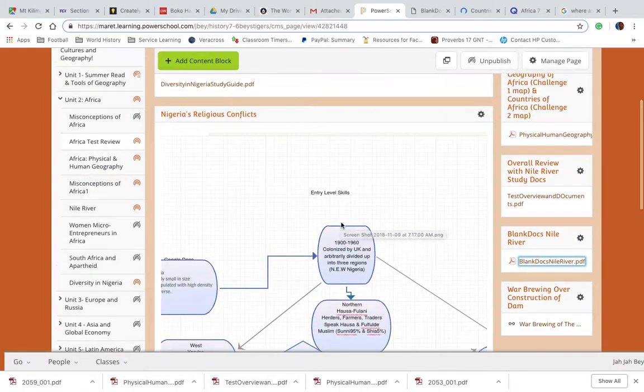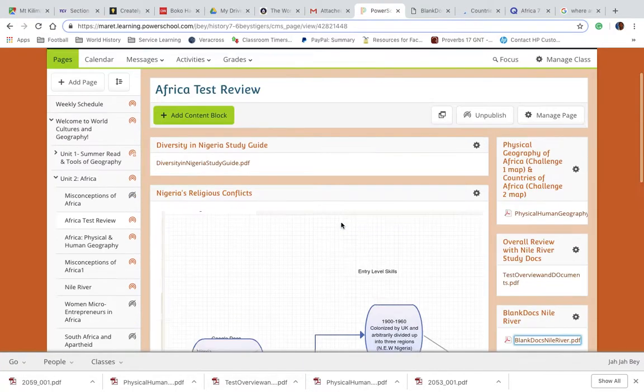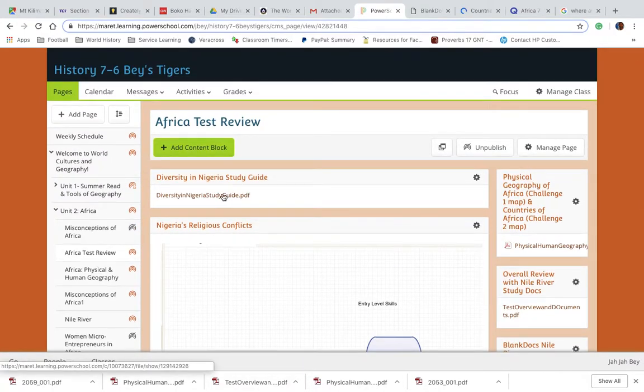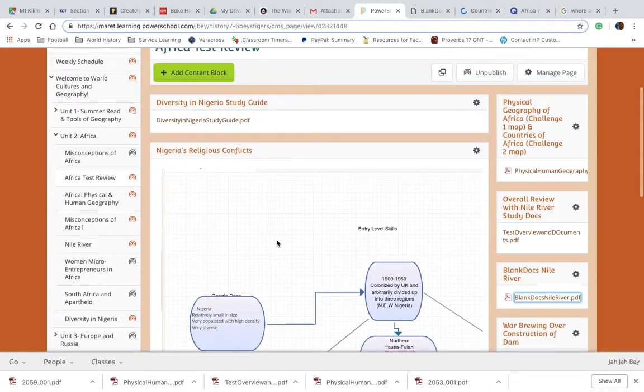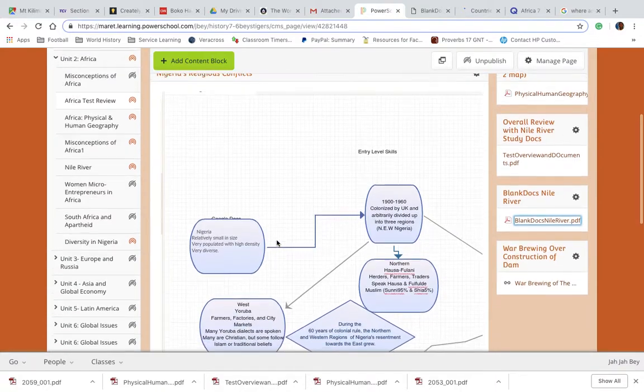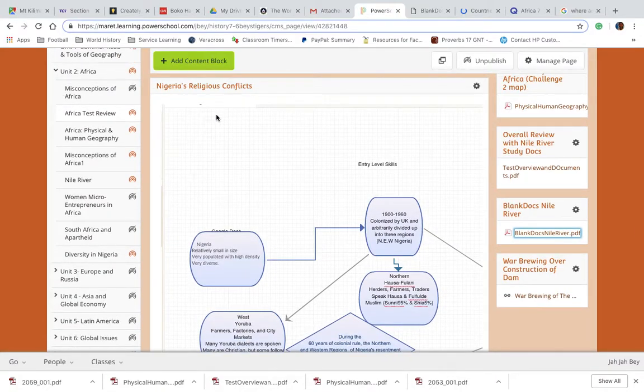Now, the last part of your assessment will be on the diversity in Nigeria. Click on the study guide and look at the specifics in regards to each region. And then last, please understand the two major conflicts, right? Two major conflicts. One of them is religion, and then the other one is an ethnic conflict.